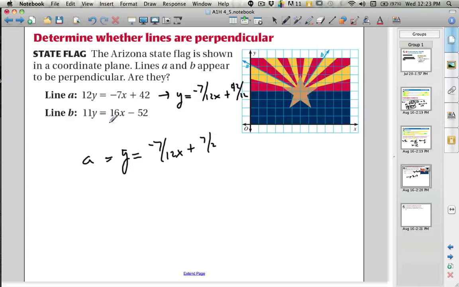And if we look at this other equation, B, if I divide both sides by 11, y equals 16 divided by 11, x minus 52 divided by 11. If we look at these slopes, are they negative reciprocals? No, this would have to be 12/7.